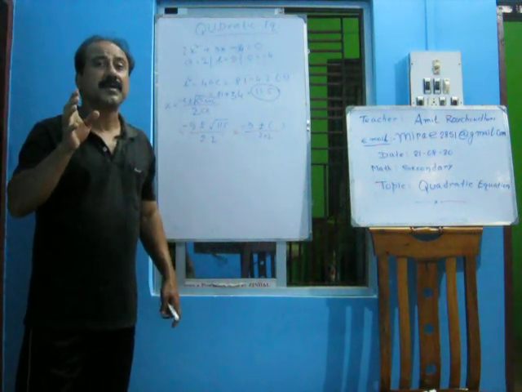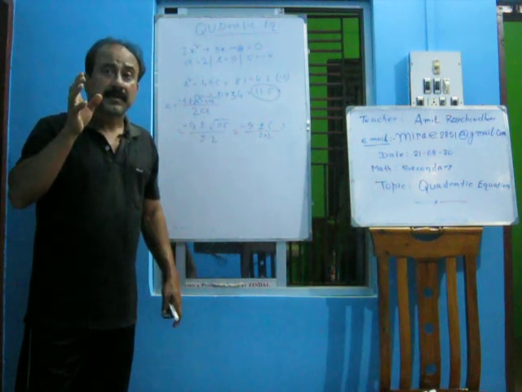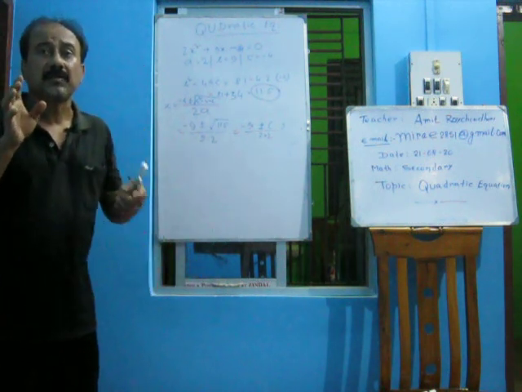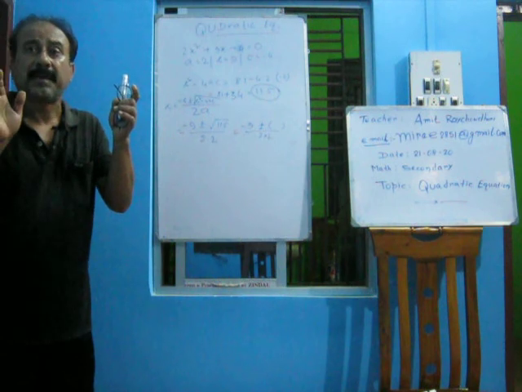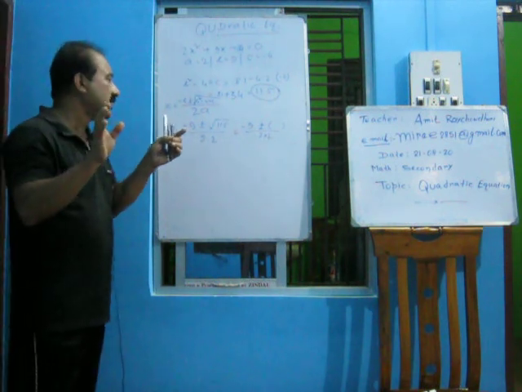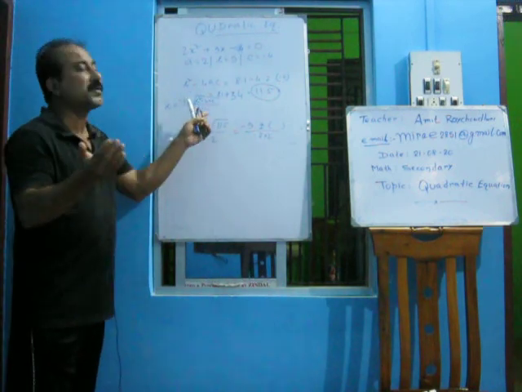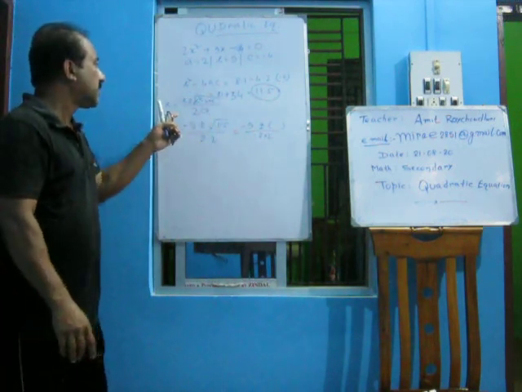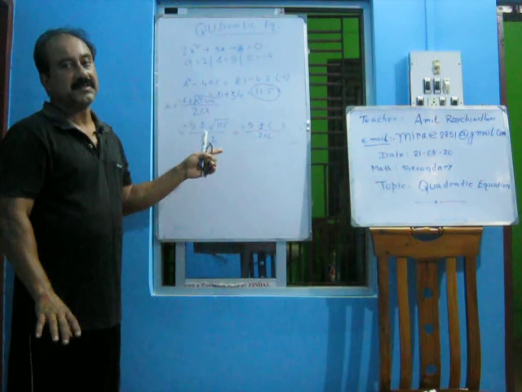If b square minus 4ac is greater than 0, the results will differ, so unequal and real. And if b square minus 4ac is less than 0, then the results will be imaginary.